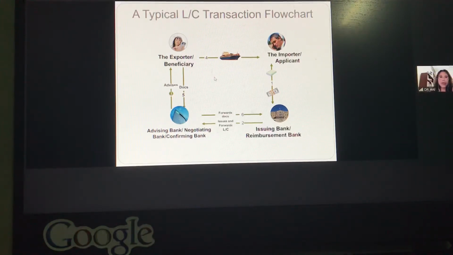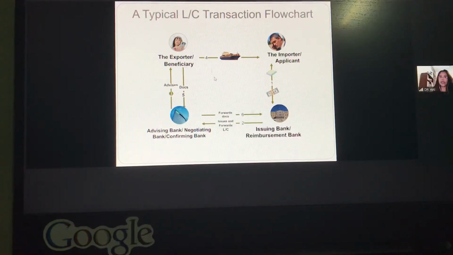And if there are no discrepancies, no difference between documents and LC, I'm sure that the issuing bank cannot know about step number 4. If you can create the documents well, you hide a lot of things. That's why the issuing bank cannot know. And if they check the documents and see a CP, compliant presentation, they pay you.